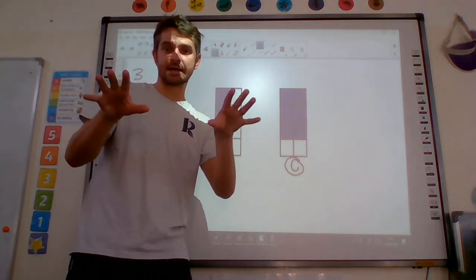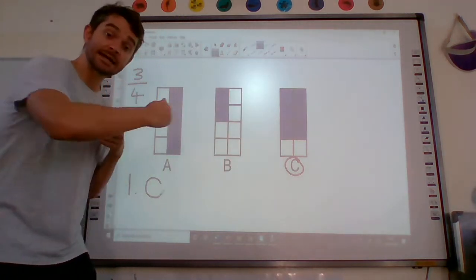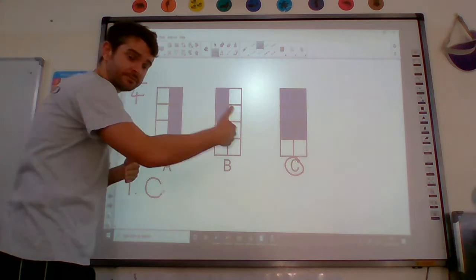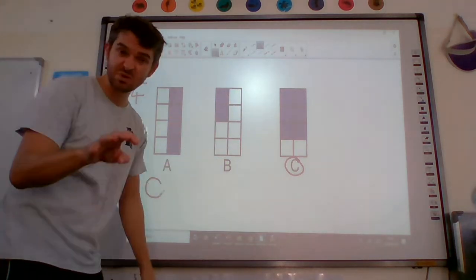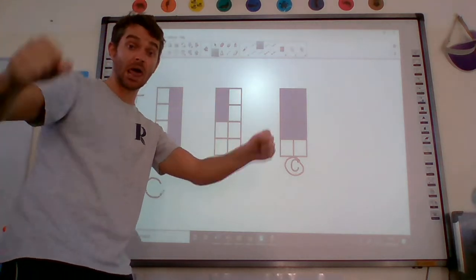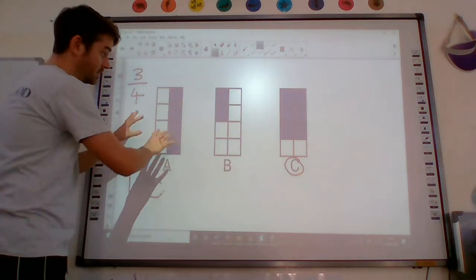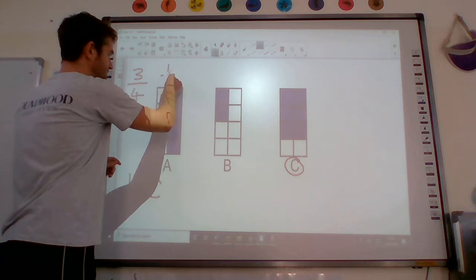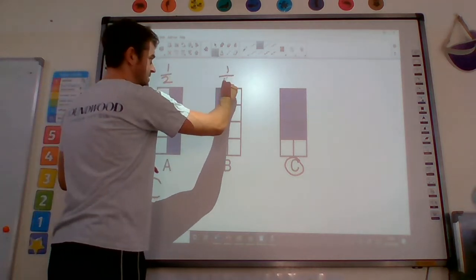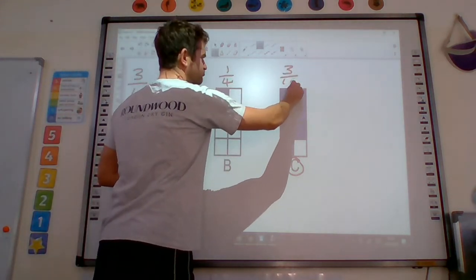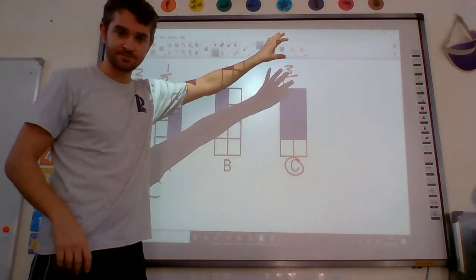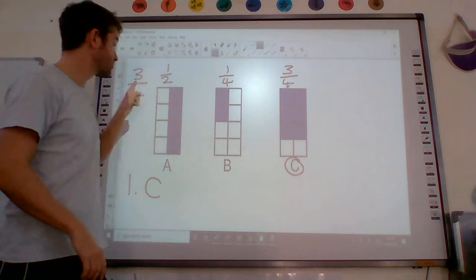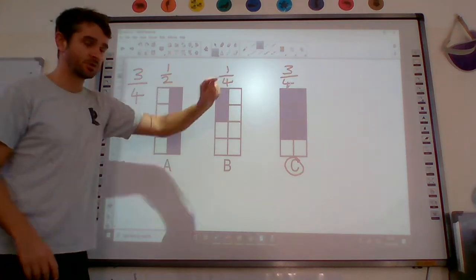That's the basic challenge. If you want to extend your learning, if you want to do more, then on your piece of paper you could write all of the fractions. Some people did that yesterday and I was delighted. You could write on the piece of paper, this one is half, this one is quarter, this one is 3/4. That's really, really going to help your maths, but that's a choice. You must circle 3/4. You could label the fraction.